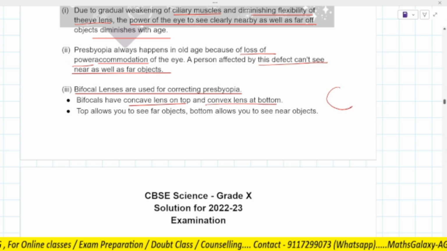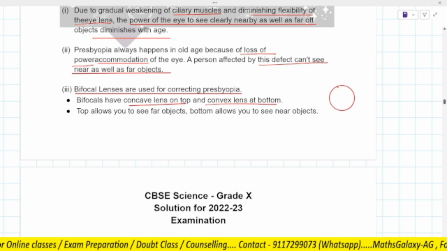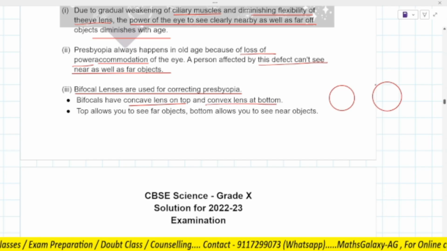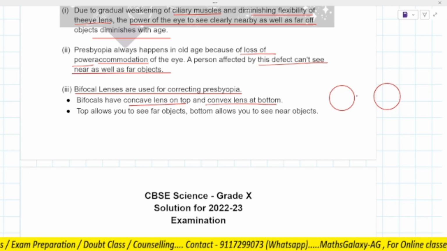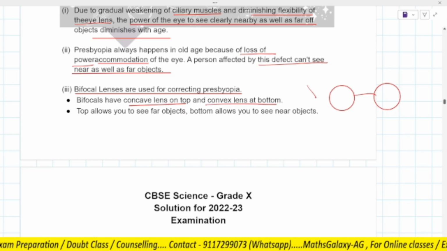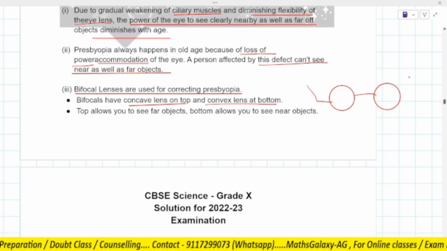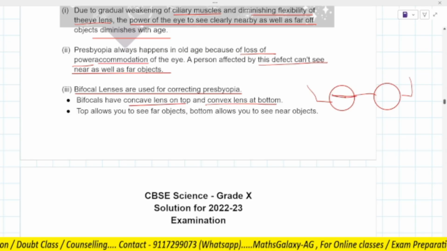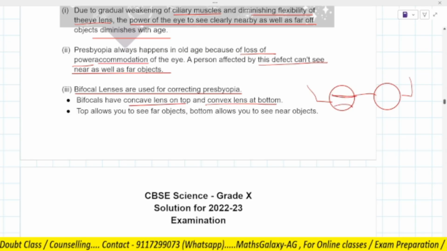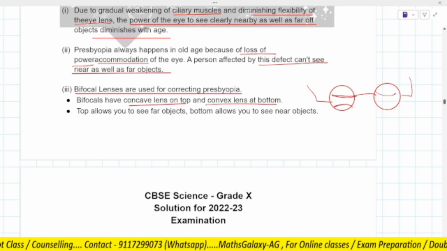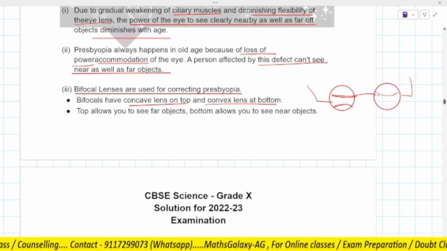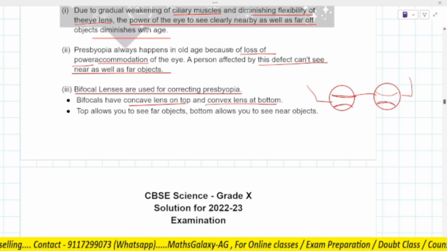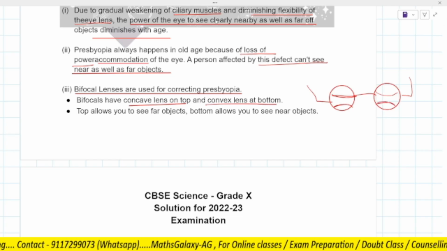It's like this. Here it will be concave in the upper half, and here at the bottom it is convex. The raised part will be concave lens.